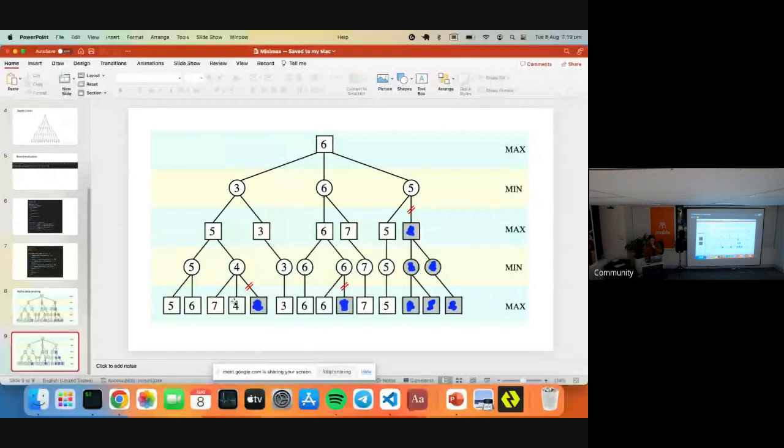And for alpha beta pruning to work, we will not explore other branches when alpha is greater than or equal to beta. So now alpha 5 is greater than beta 4. That's why we don't need to explore the branches left here.